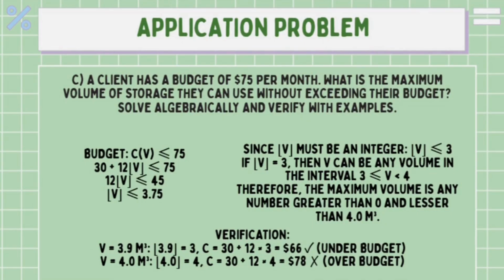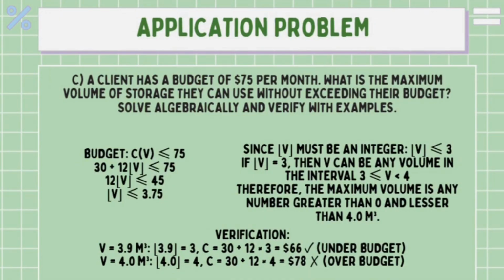Next, let's verify our answer with two examples. The first example is when the volume is 3.9 cubic meters. The floor function of 3.9 is 3, and the cost is 30 plus 12 times 3 equals $66. Because 66 is less than 75, it is under budget, and it's a correct one.